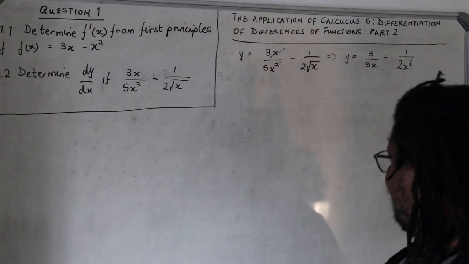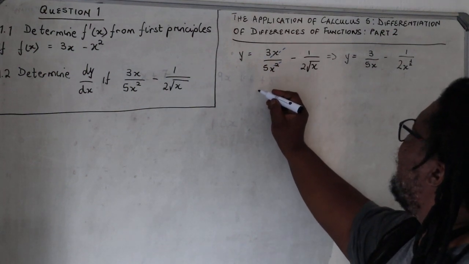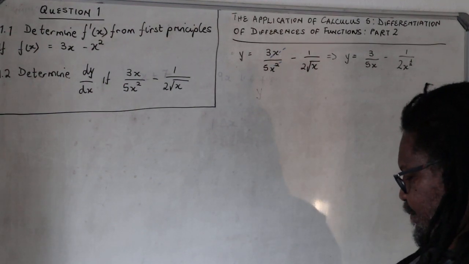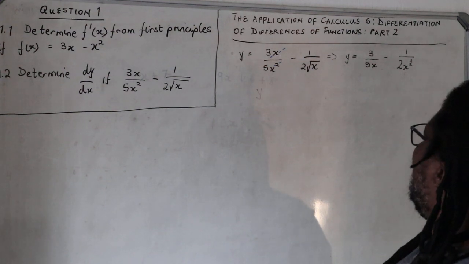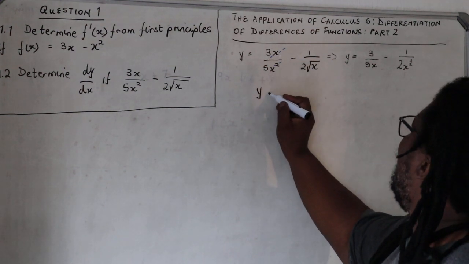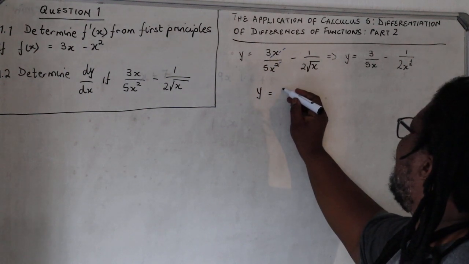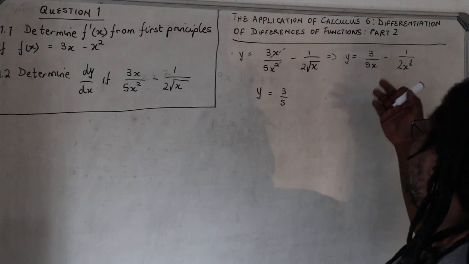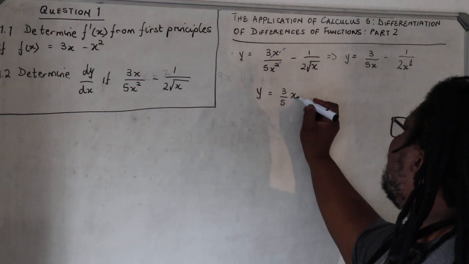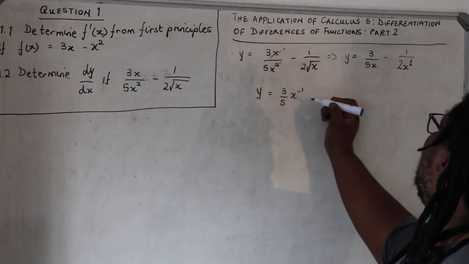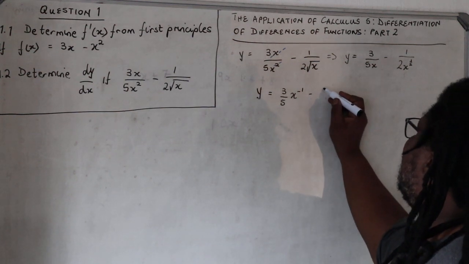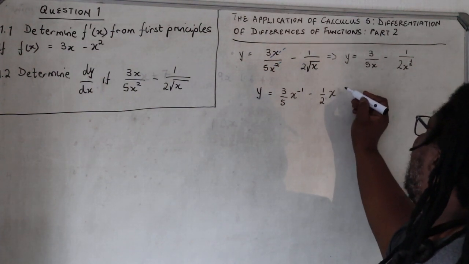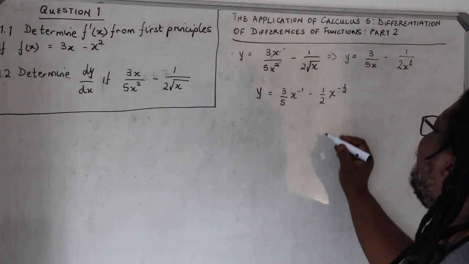So we can say y equals 3 over 5, and we bring x on top, that is the same as x to the power minus 1, minus 1 over 2, and we bring that x on top, which will be x to the power minus half.